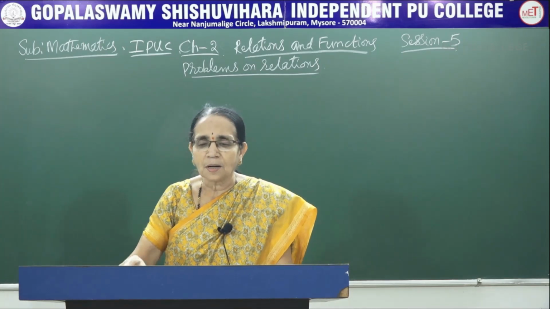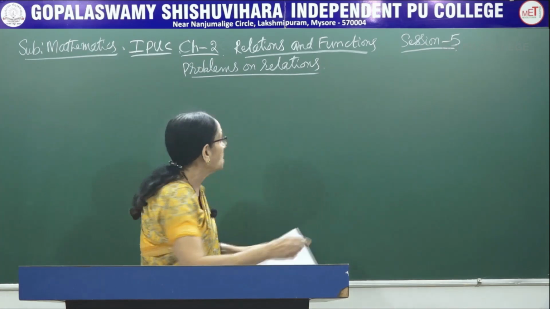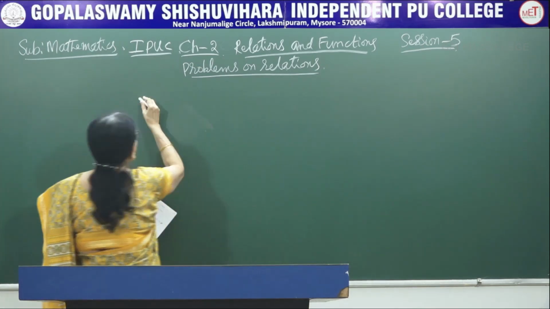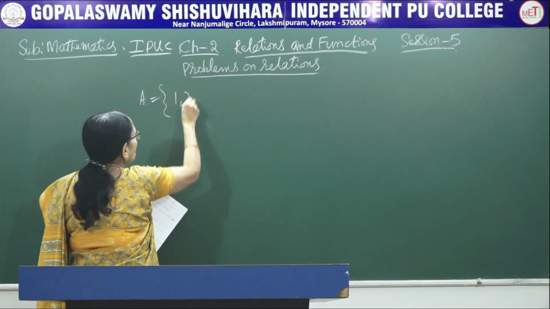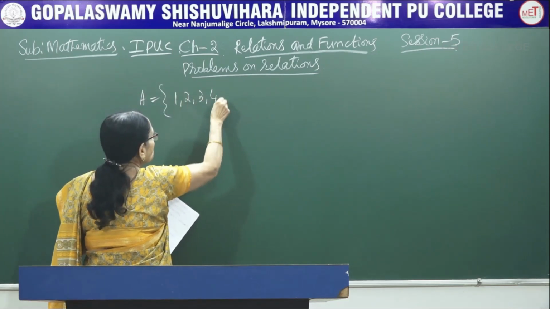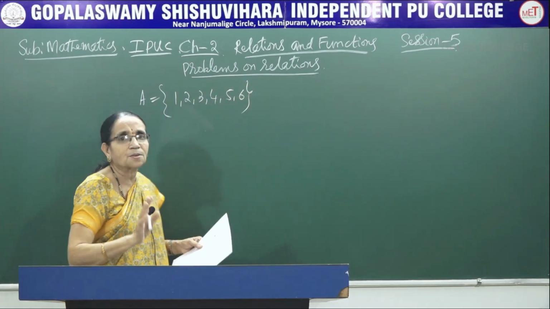Now, let me consider the first problem. Let me take a set A. Let A be a set containing the elements 1, 2, 3, 4, 5, 6. This set contains 6 elements.